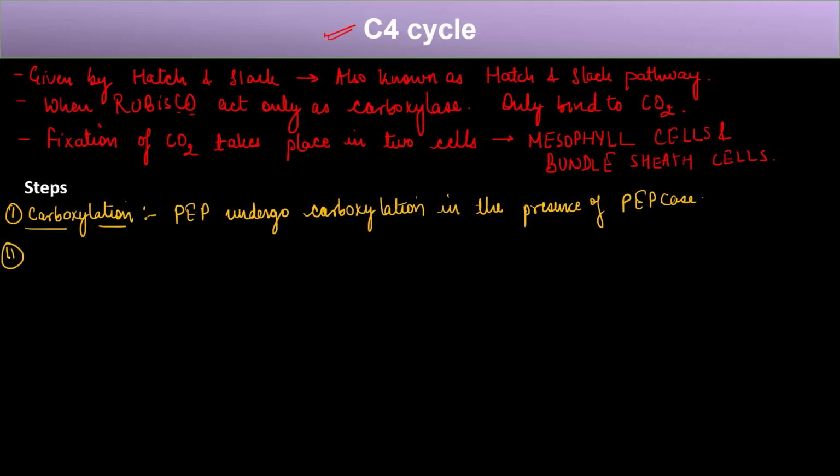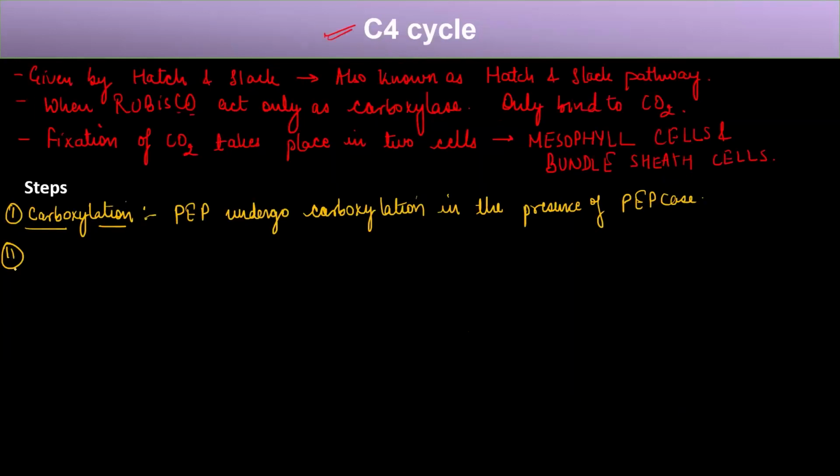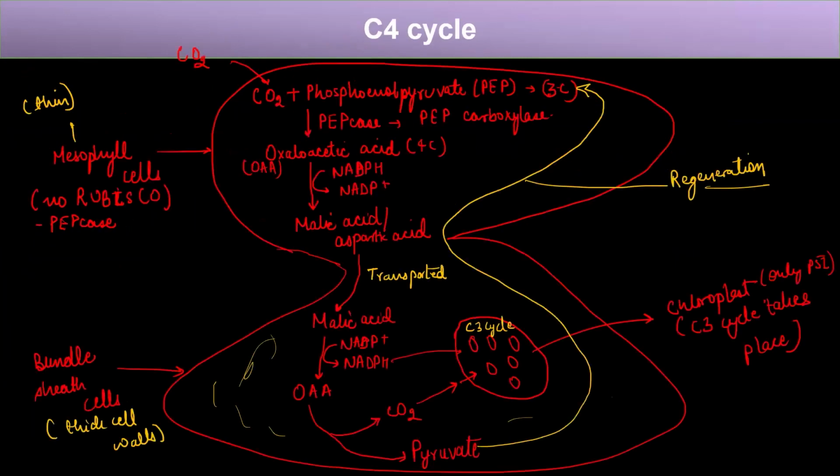Now, what is the second step? After the carboxylation, we saw that oxaloacetic acid is formed, that gets converted into malic acid. And then what happens? Transportation, right? And what happens in the transportation? This C4 acid, the 4-carbon containing acid, because what is getting formed is the acid, right? The malic acid or aspartic acid or oxaloacetic acid.